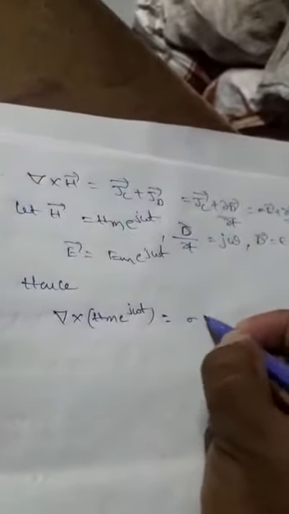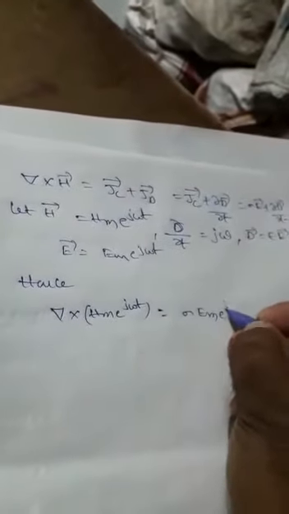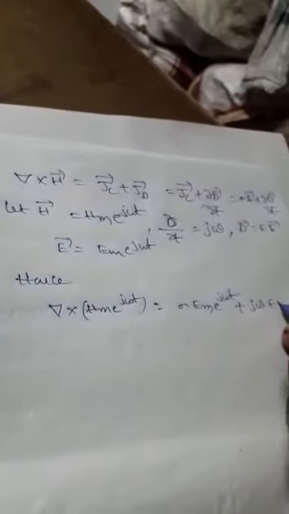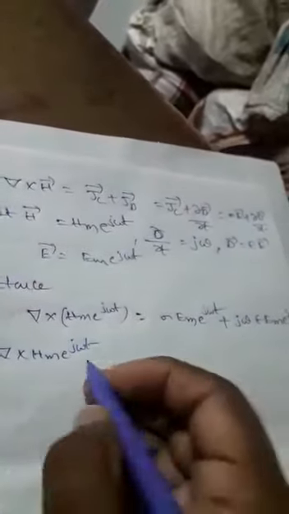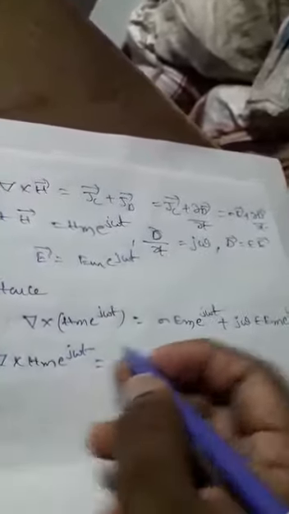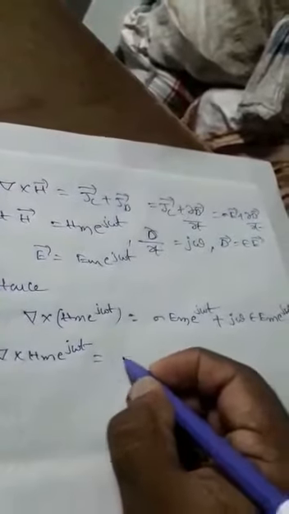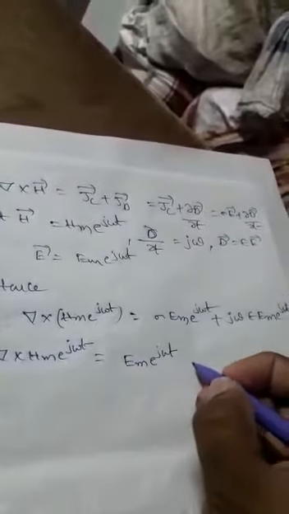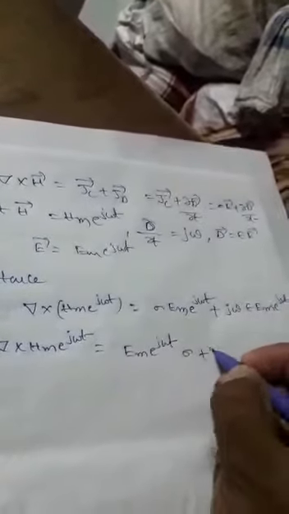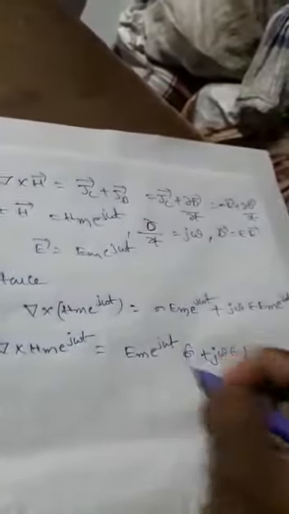So it is sigma into Em into e to the power of j omega t plus dou by dou t, meaning j omega, epsilon into Em into e to the power of j omega t. Taking Em into e to the power of j omega t common, we get sigma plus j omega into epsilon.